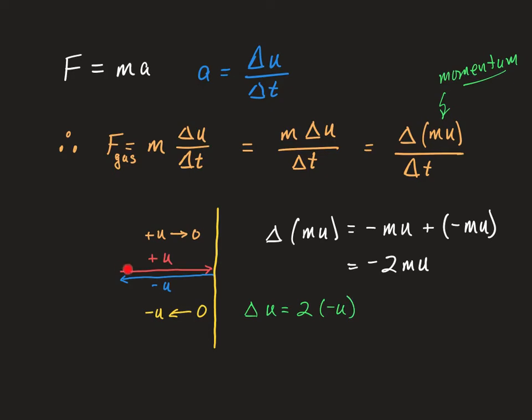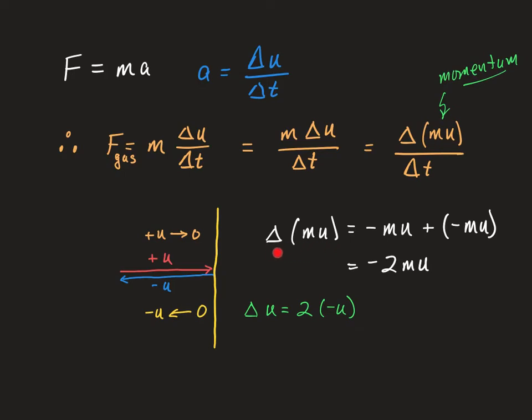we're slowing it down from u to 0 in the positive direction. Then when it goes back the other way, it's going in the negative, from 0 to negative u is another negative u change, right? So we've got mass times u, negative u going in, and we've got mass times negative u going out. There's our 2 times the mass times the negative u.